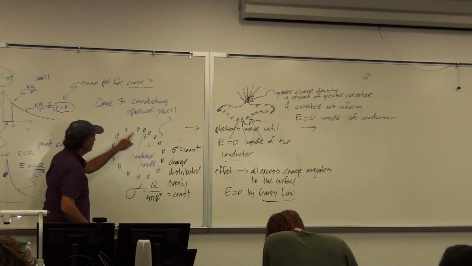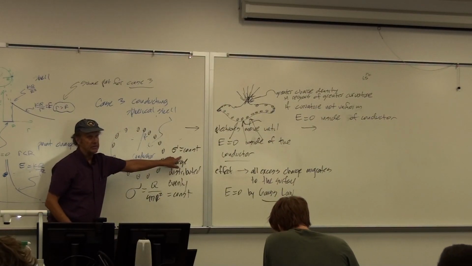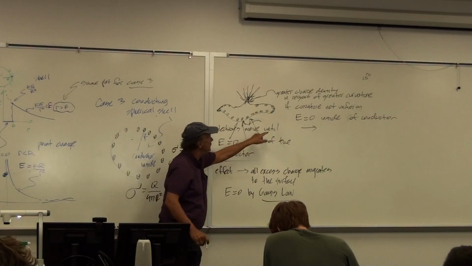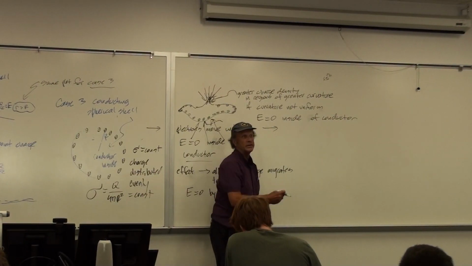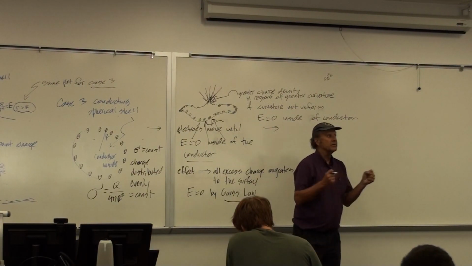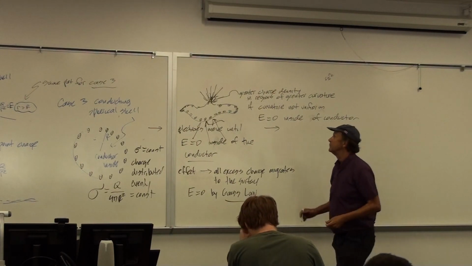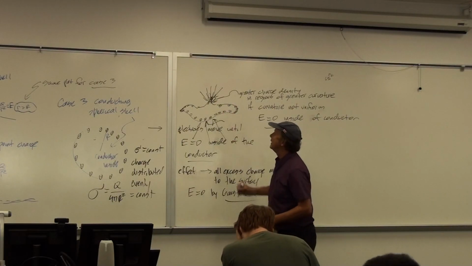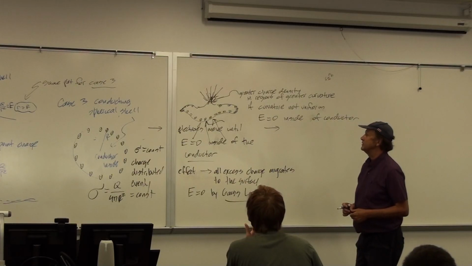So it's only when the curvature is constant that you get a constant charge density. But when the curvature varies from point to point on the surface, we can always say that the electric field has to be zero inside of the conductor, because if it weren't, then there would be forces that would keep acting until it is. But that forces the charges to migrate into regions of greater curvature and higher concentrations.